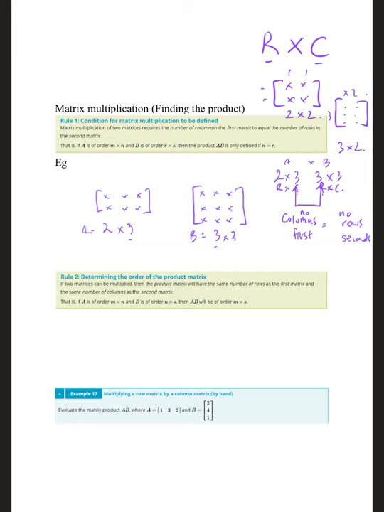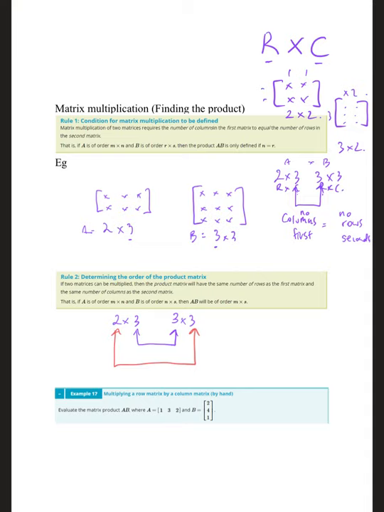The second rule is determining the order of the product. So if I use the same example where I've got a 2 by 3 by a 3 by 3, I know that this product is defined. I know it exists because my number of columns in my first matrix matches the number of rows in my second matrix, right? Now the product order is found from these numbers here.